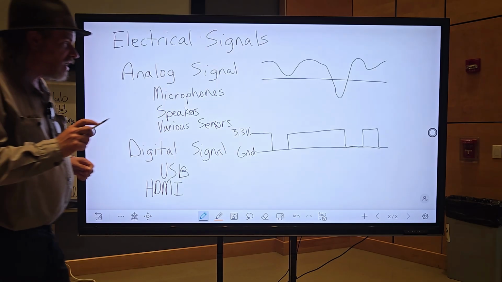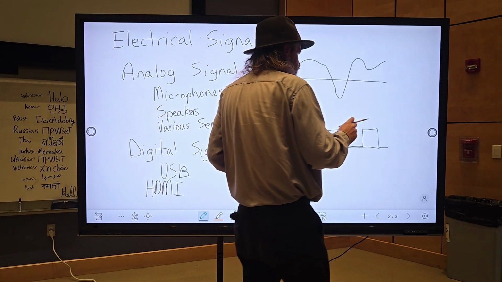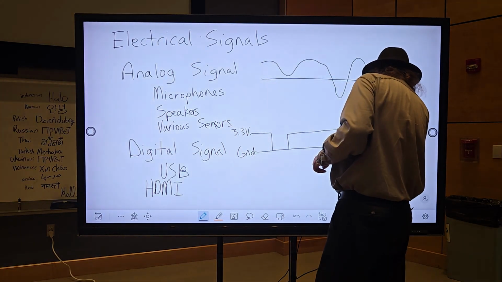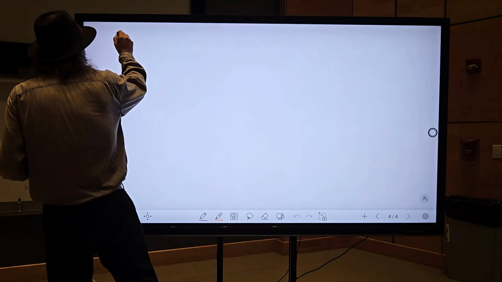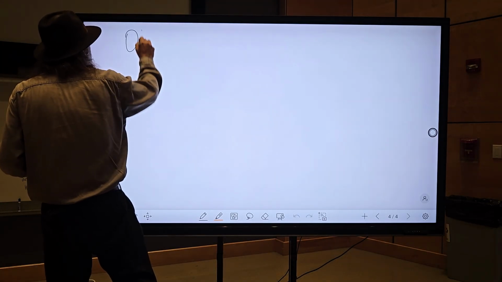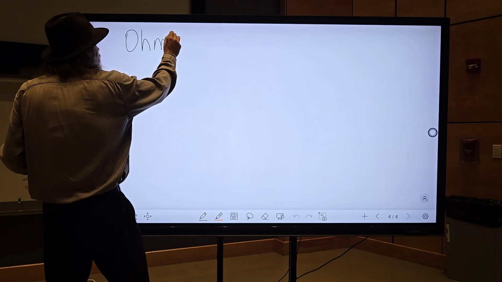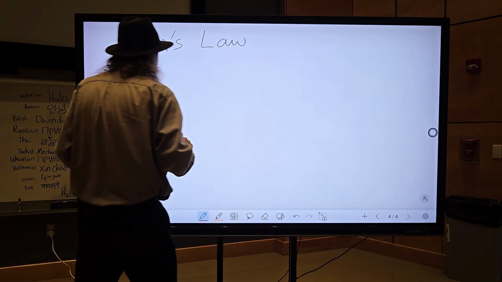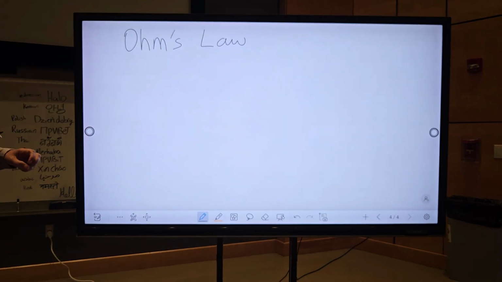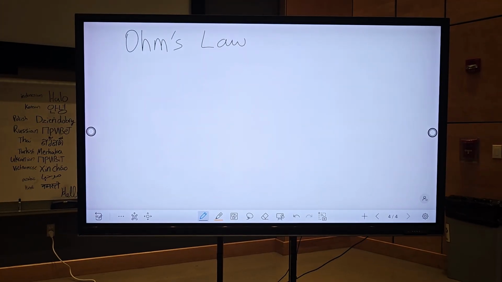There's another simple equation to remember when it comes to electricity. That's Ohm's law. Ohm's law shows the relationship between voltage, current, and resistance.